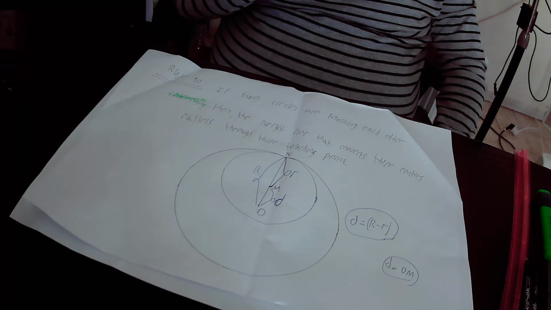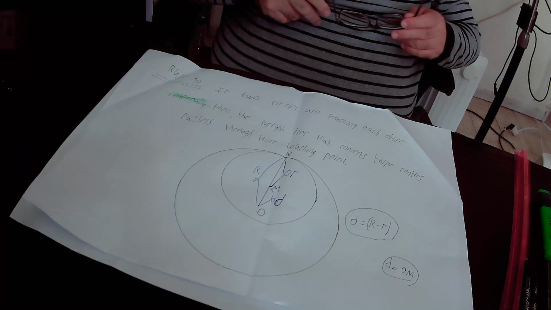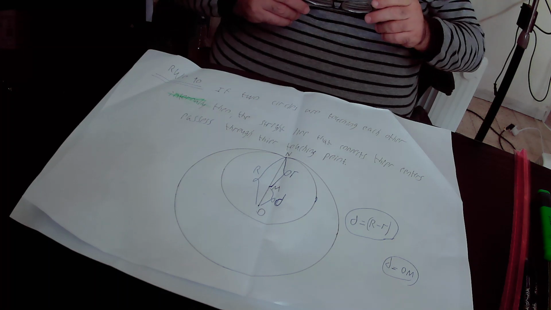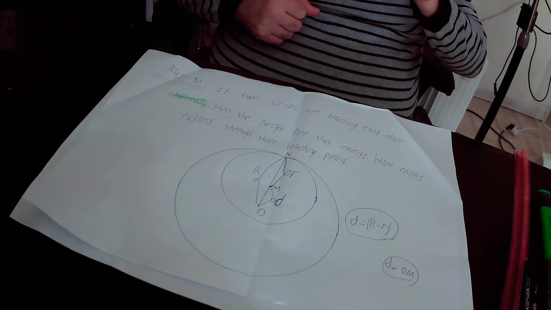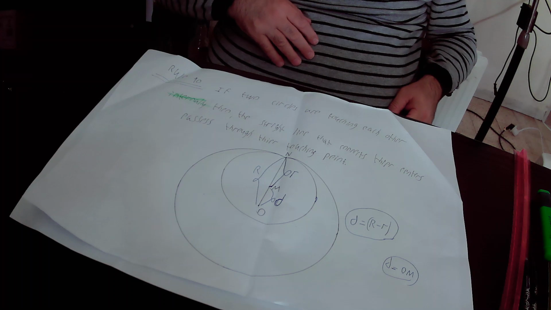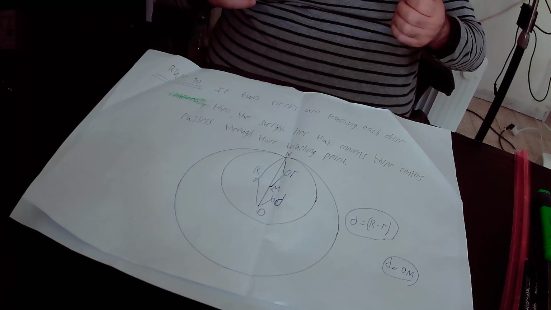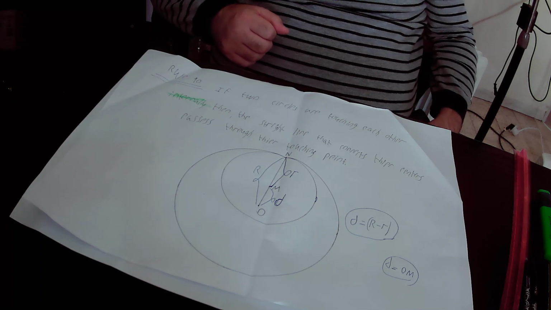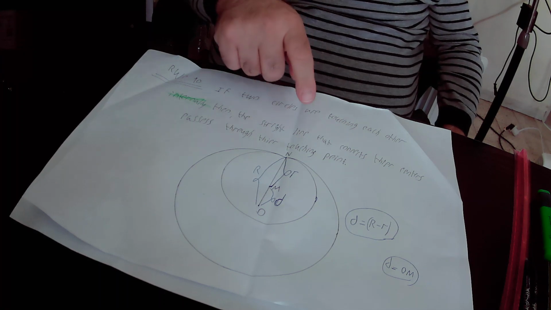And capital R minus small r is the difference between the radii of the two circles. That is to say, you can conclude that whenever two circles are touching each other internally, the distance between their centers will be equal to the difference between their radii.